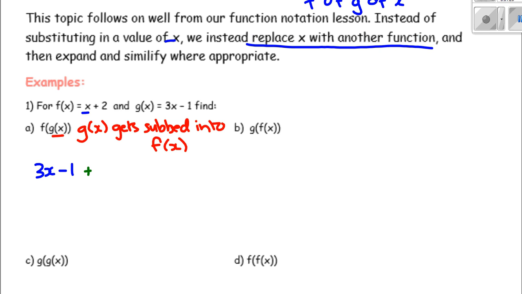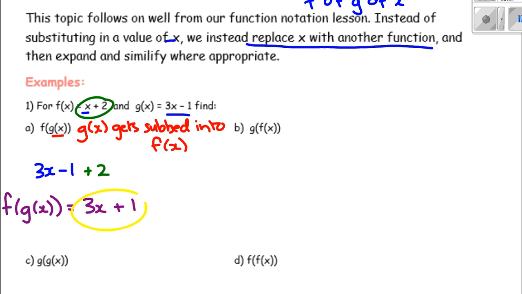What we've done is we've replaced x with 3x minus 1, and then we just simplify anything we can. So f of g of x is 3x minus 1 plus 2, which is 3x plus 1. There we go, done.